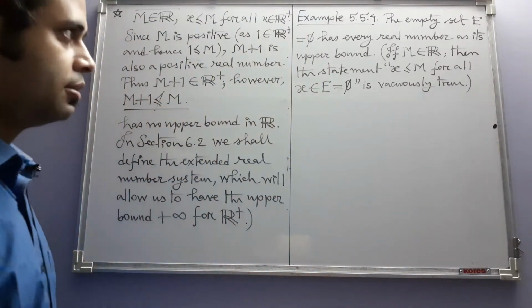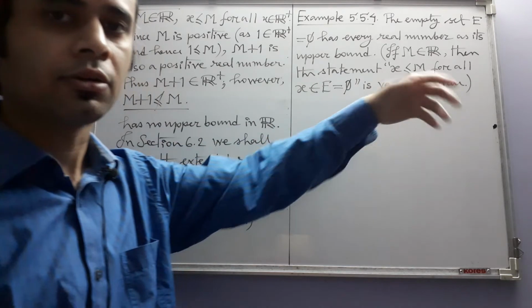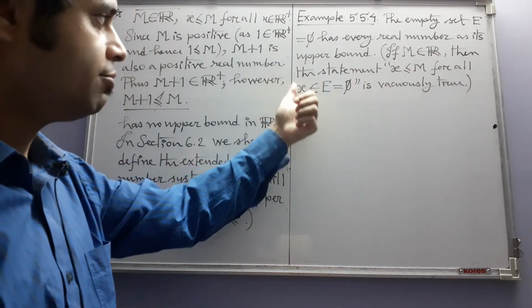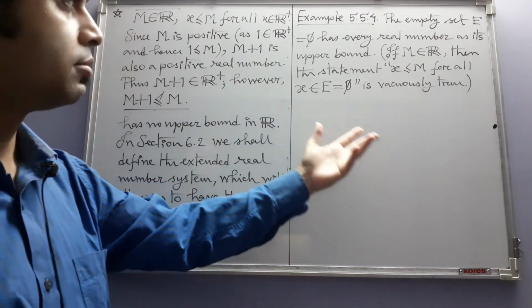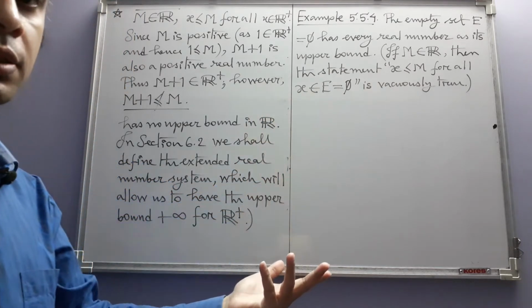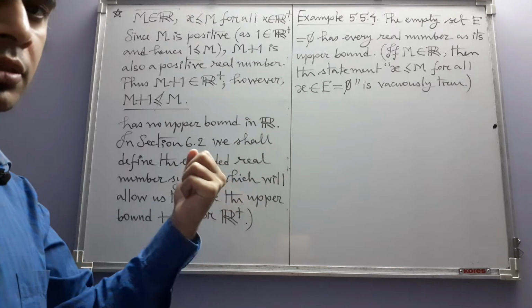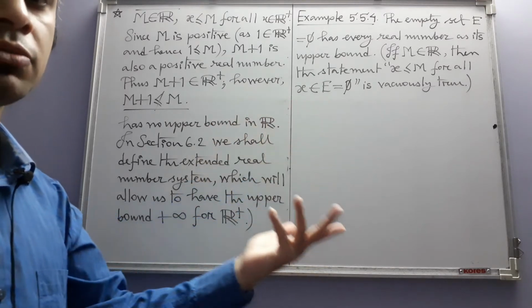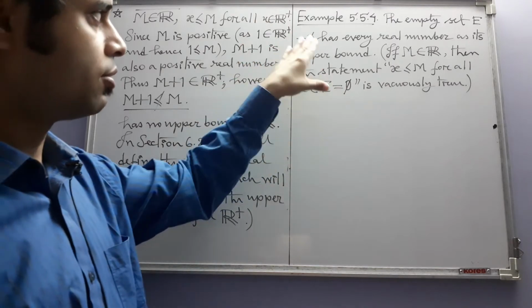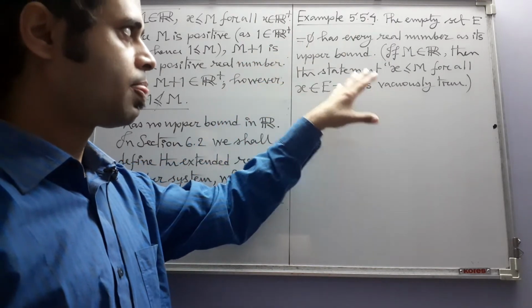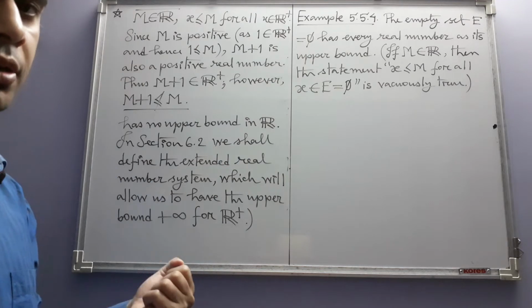It's because this statement can also be written like this: if x belongs to E, then x is less than or equal to m. So it's an implication whose hypothesis is false, so the implication is vacuously true. So in this case only, this is the only set where every real number is an upper bound.